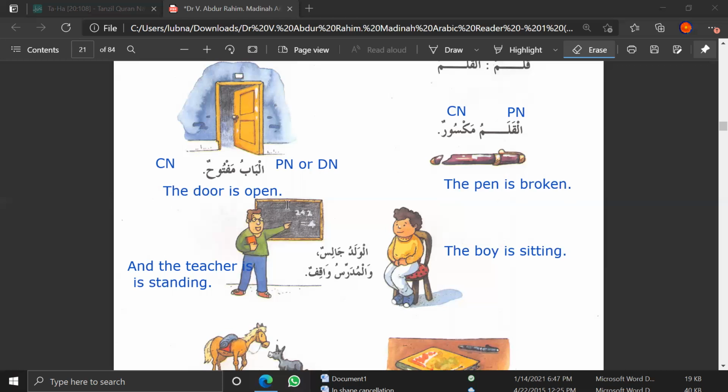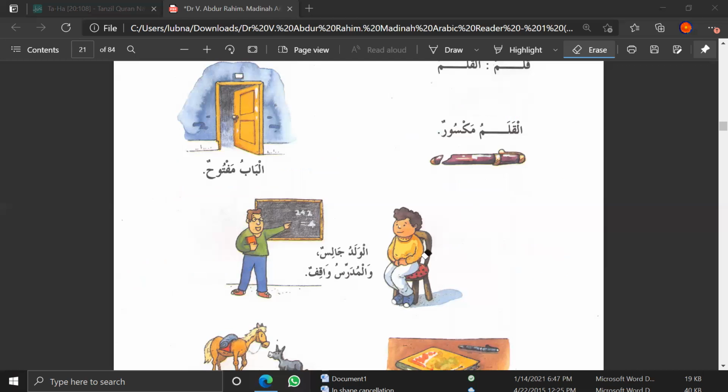The door is open. الولد جالس. The boy is sitting. والمدرس واقف. And the teacher is standing. Excellent. Awesome. Let me erase it and go to the next part of the page.